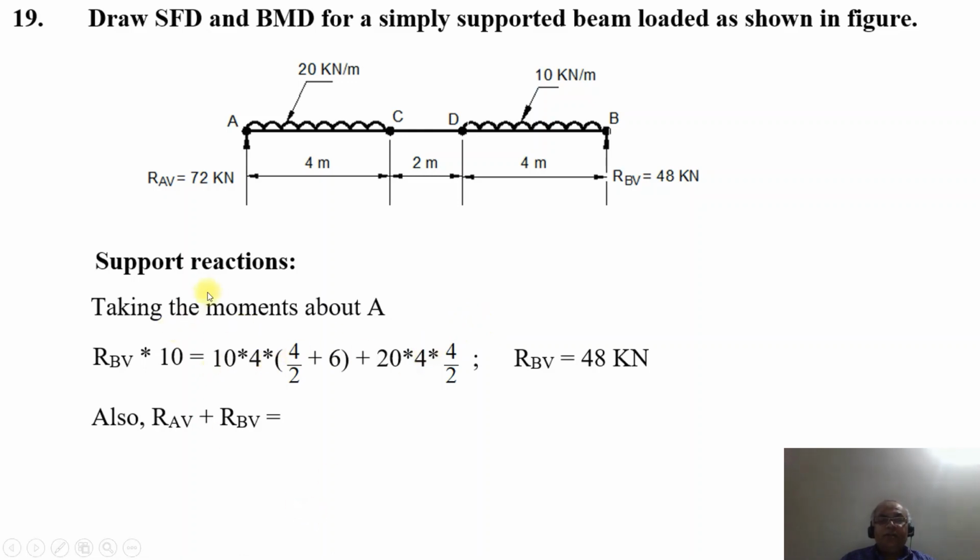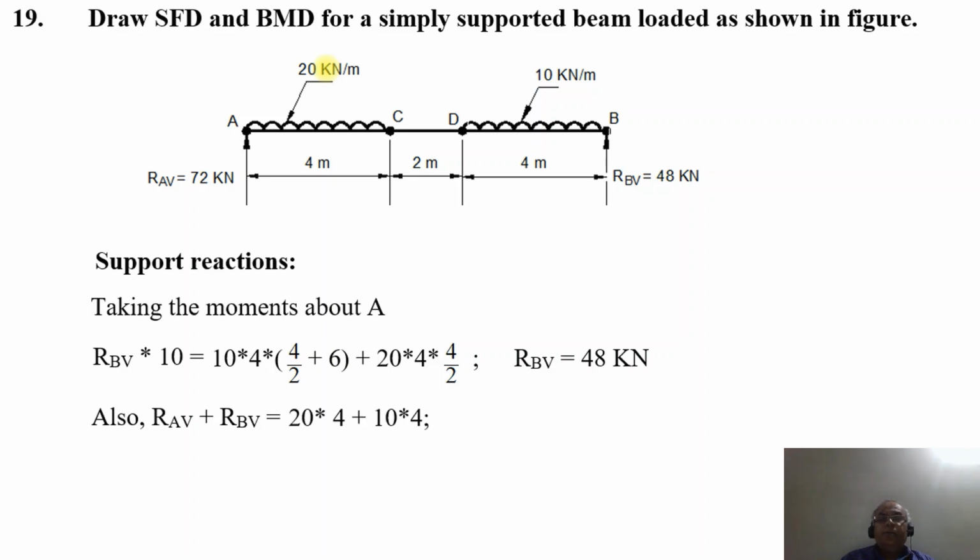You have UDL acting downwards from A to C and also from D to B. Since it is a uniformly distributed load, it will be W per meter into the length of the span. W per meter is 20 kilonewton per meter, so 20 into the length of the span, which is 4.